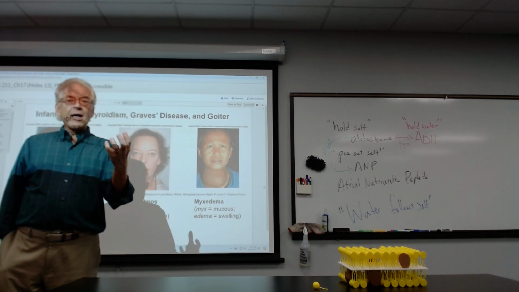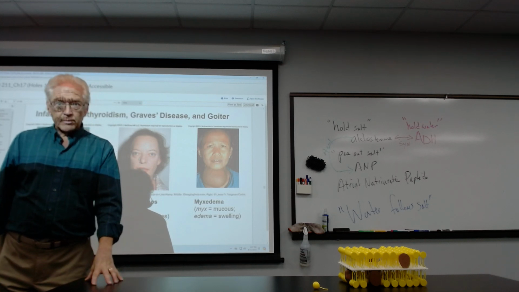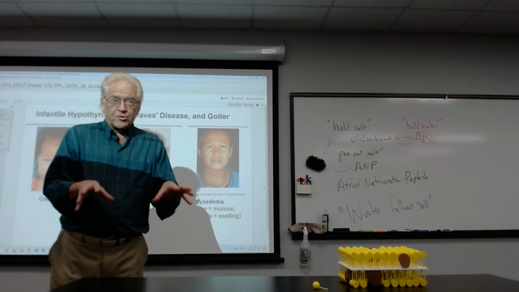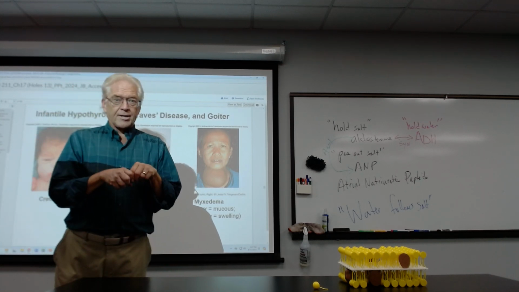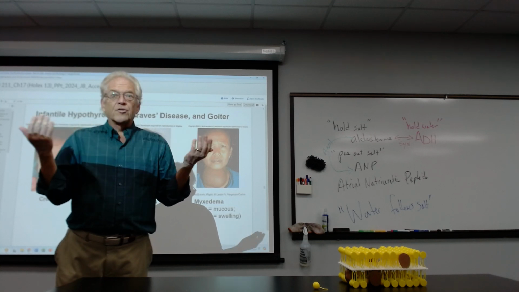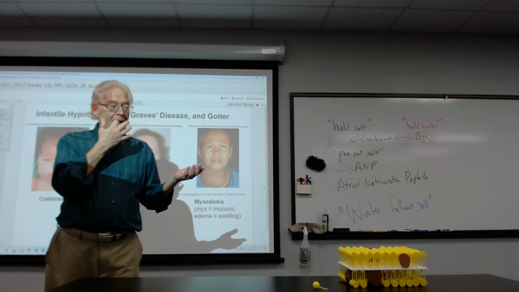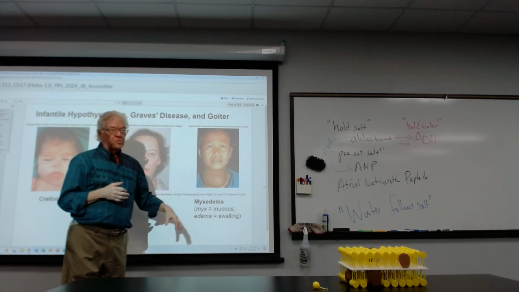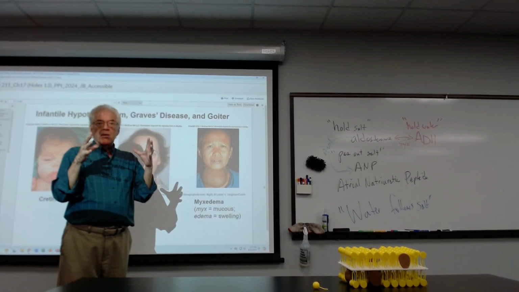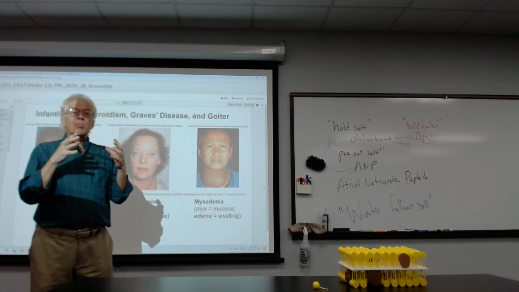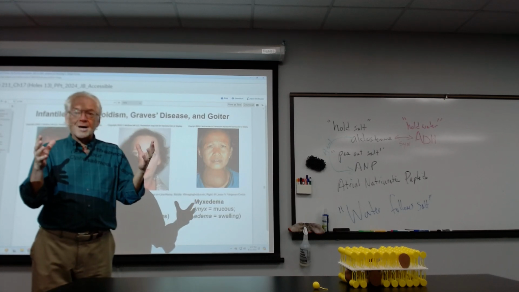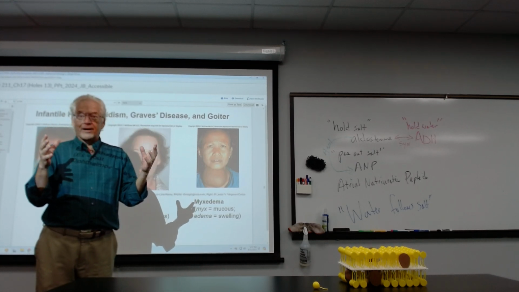If you have no iodine in the ground, the roots of the plants you're eating don't have any iodine, and when you eat them, there's no iodine in your diet. And so your thyroid says, well, I'm going to get bigger, because if I get bigger, I'll have more blood vessels, and if I have more blood coming to me, maybe I'll get some more iodine.